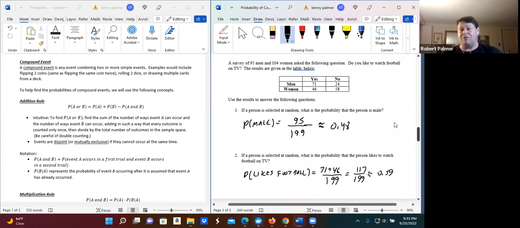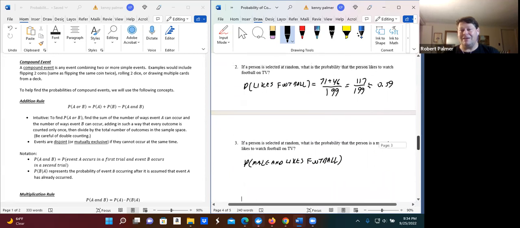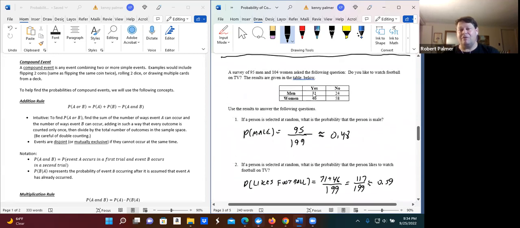Of the men, this row right here, the ones who like to watch football on TV are this column here. The intersection here is 71 out of the total. Make sure you read the question carefully: the person selected at random, what's the probability the person is a man who likes to watch football on TV? There are 71 who are both men and like to watch football on TV.